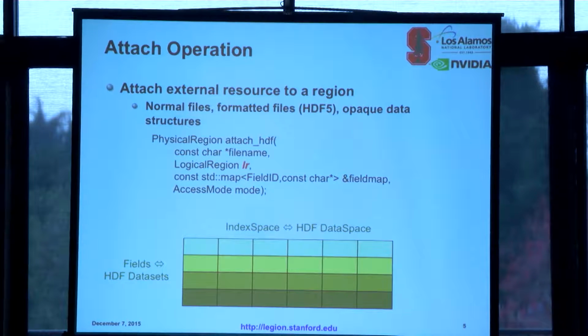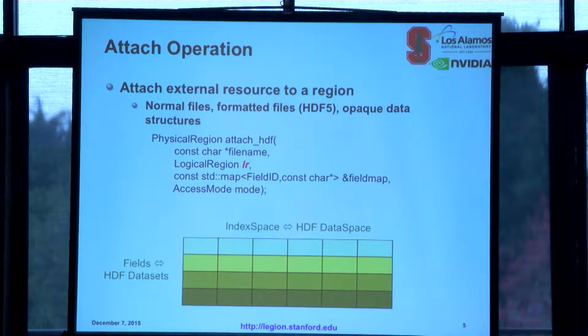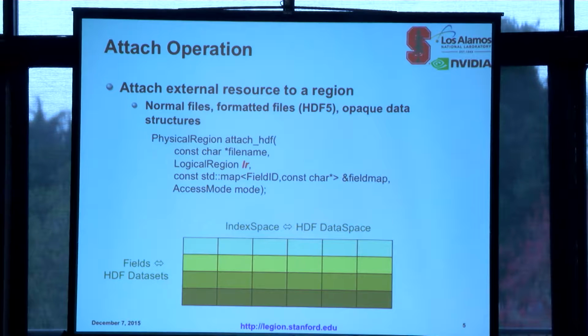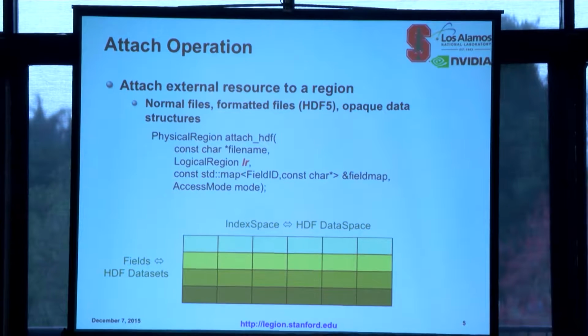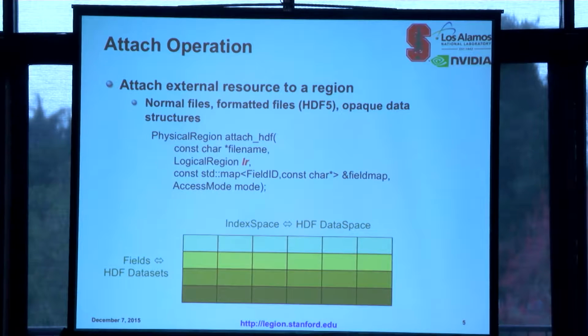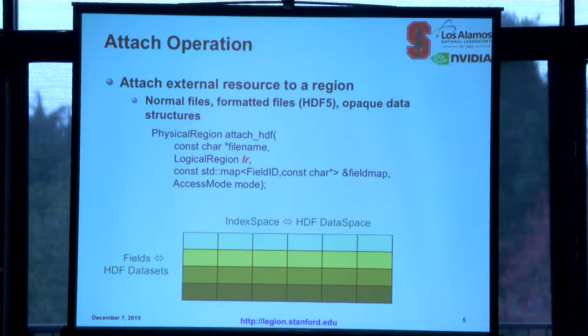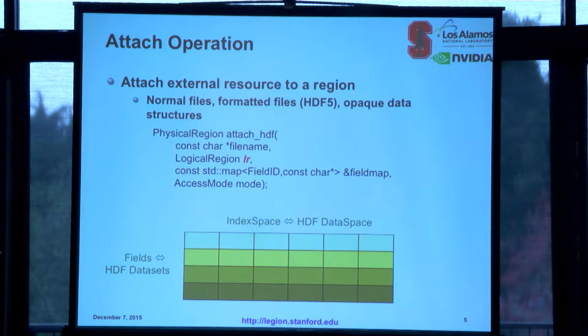This is a runtime interface, and you need to provide the file name, which shows the path for the HDF file. You also need to tell Legion which logical region you would like to attach to. And you also need to provide a mapping between fields in Legion and data sets in HDF5. Recall that the logical region is a product of index space and field space.